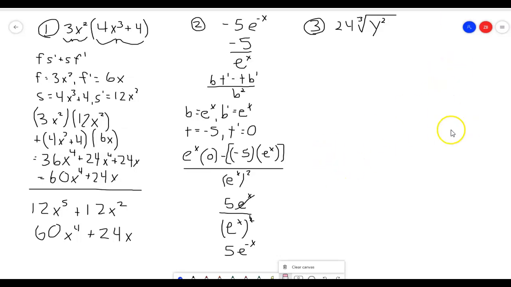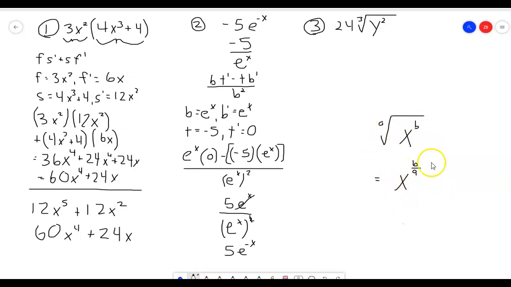If we have a radical with index a, and some variable to the b, we can rewrite that as x to the b over a by dropping the radical.